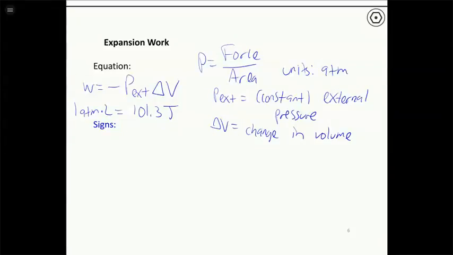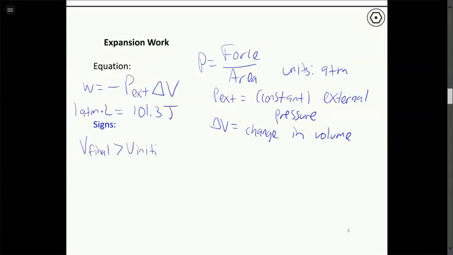So if we think about the signs for this process here, if our final volume is bigger than our initial volume, so that's one possibility, that means our gas is expanding. And so that means the change in volume is going to be positive, greater than 0.